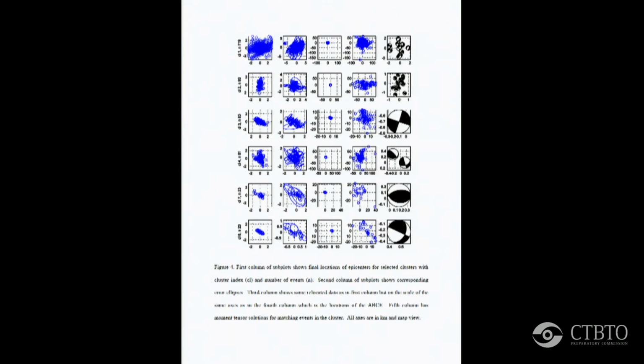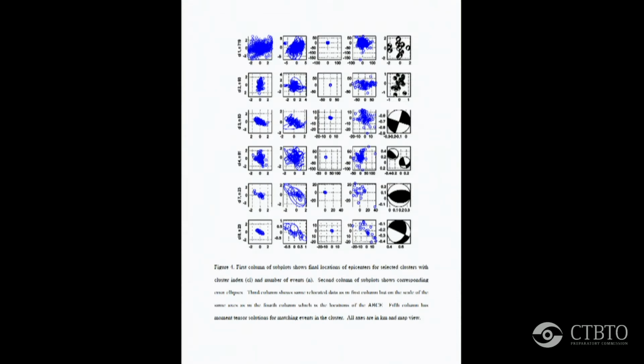And what is of interest, certainly to me, is, for example, in this cluster, which is from Liaoning province, we see a rather scattered set of events that relocate to a tight cluster, that when this tight cluster is plotted with an expanded scale, shows a sense of linearity which conforms to an overall moment tensor conclusion, and one would choose this as the relevant fault plane.